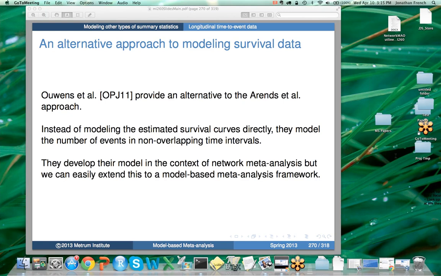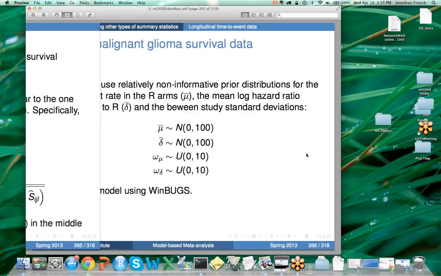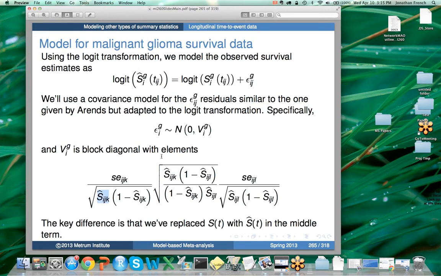Where I may have said something along those lines was when I was discussing this correlation here. The survival function at a time point tk greater than time point tl should always be less than or equal to, so Sijk should always be less than or equal to Sijl for time point k being greater than time point l.